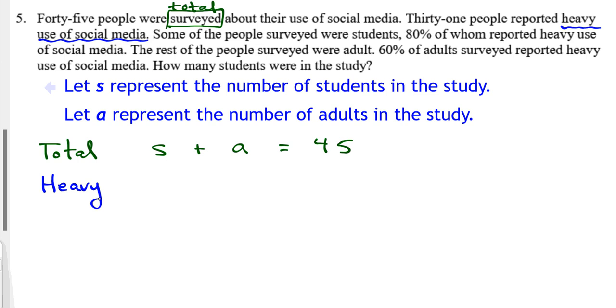So we're told 80% of the students were, so we're going to again put it in decimal form, 0.80 times the number of students, 60% of the adults, so 0.60 times the number of adults, and in total, there were how many people? 31 people. Took me a little bit to scan through because it's not written with digits. 31 people. There we go.